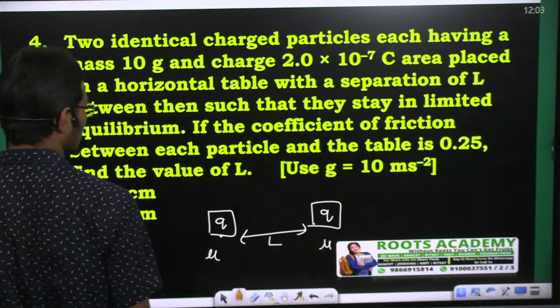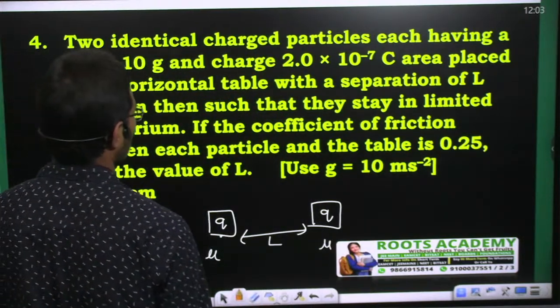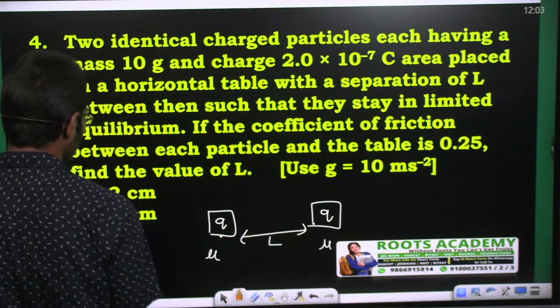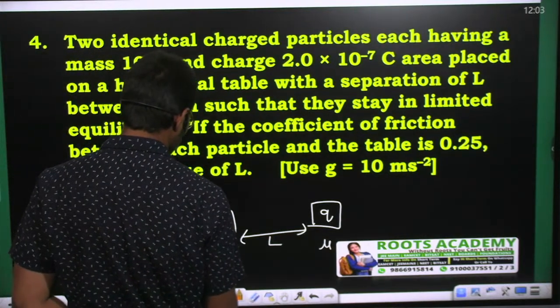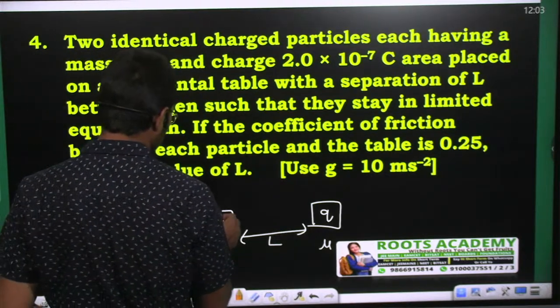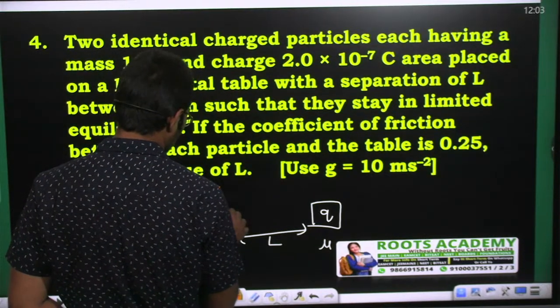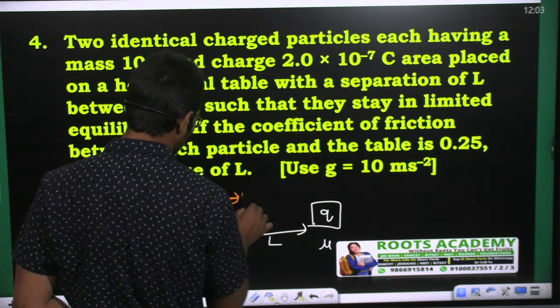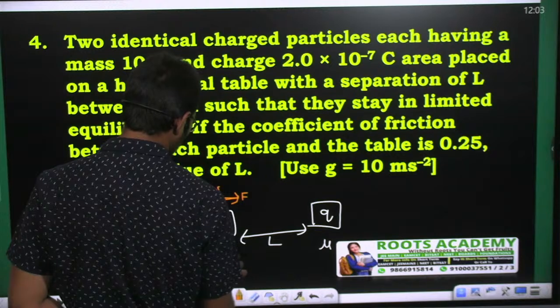So what happens? The friction acts in the opposite direction of relative motion. So let us consider this as the force on charge Q. The friction acts in the opposite direction.